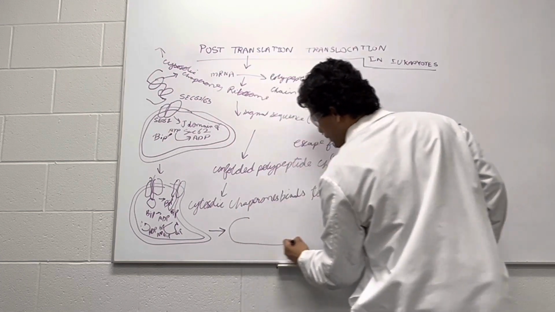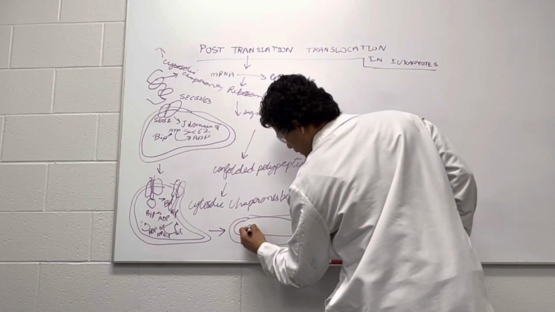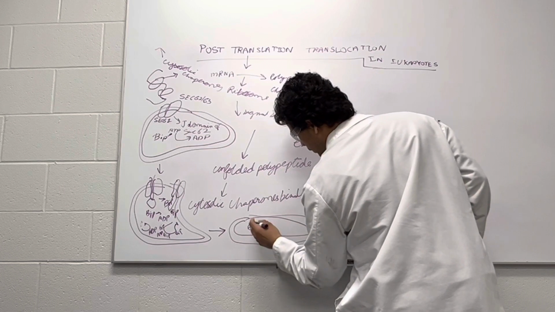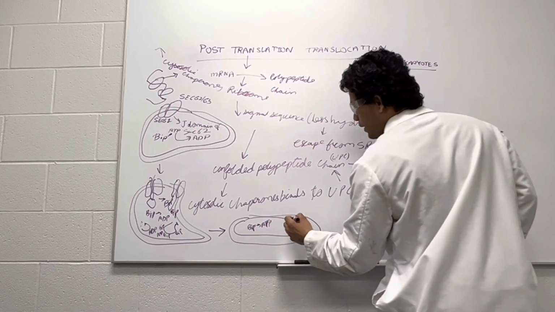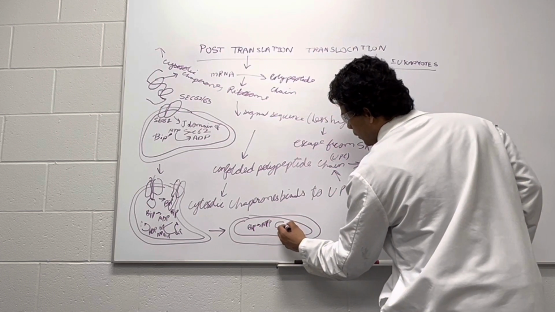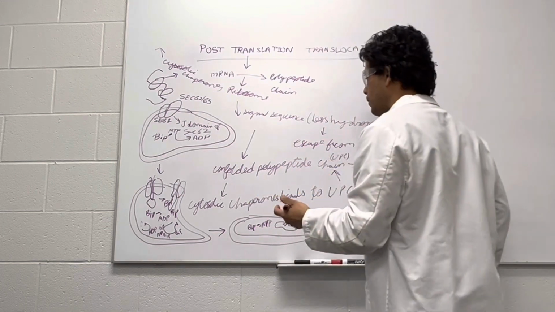So in the final stage, BIP is now bound to ATP, because of which it is released, and this unfolded polypeptide chain will acquire its native structure based on the sequence of amino acids.